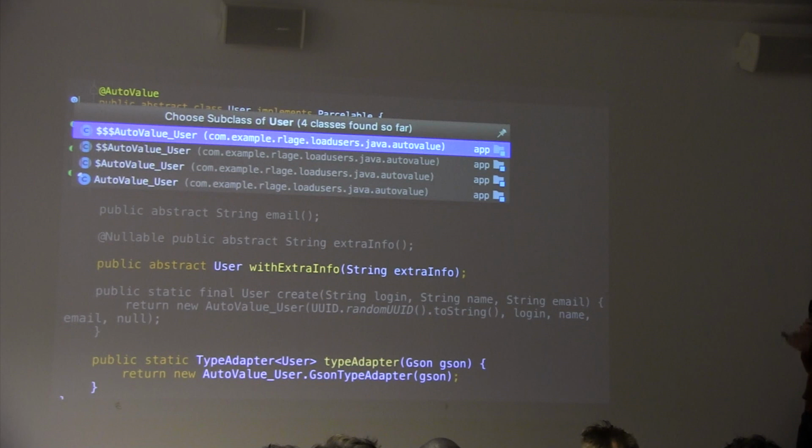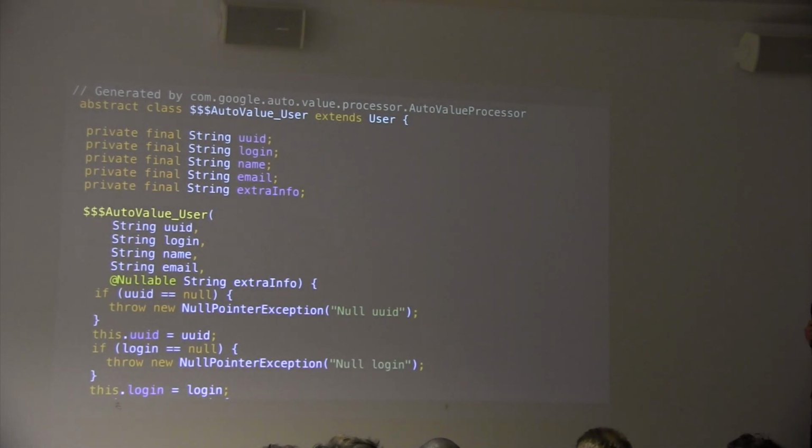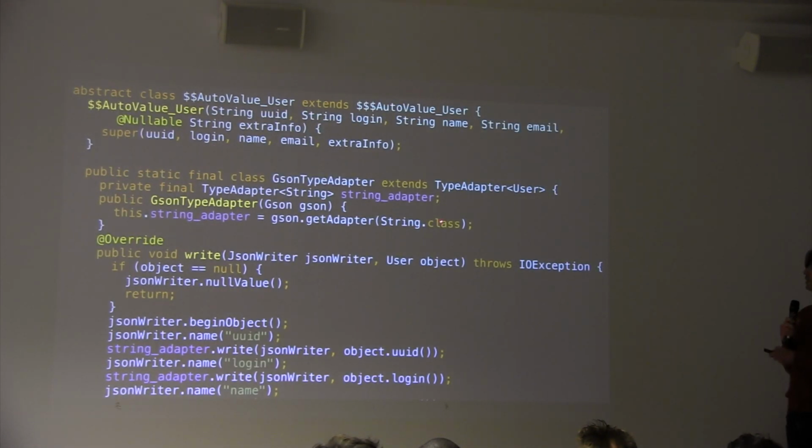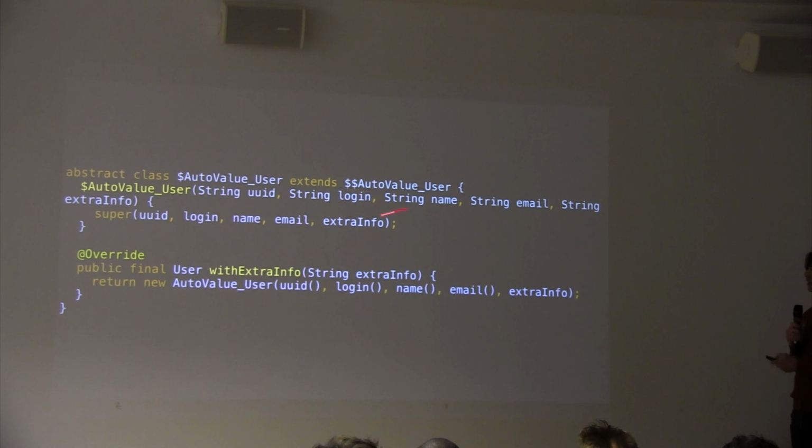So this is done automatically, so that's the annotation processor during the build process that is generating this code for you. The $3 AutoValue user has the original AutoValue class here with the null checks, equals, hash code, and so on. The $2 AutoValue extends from the $3 and adds the JSON type adapter implementation. The $1 extends from the $2 and adds the implementation of my with abstract method.